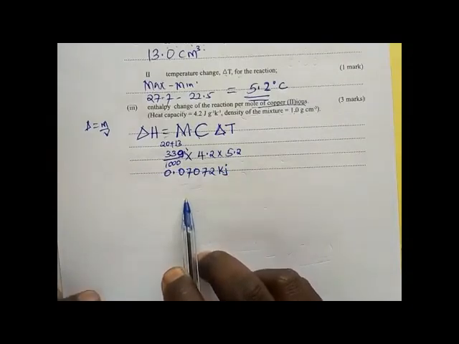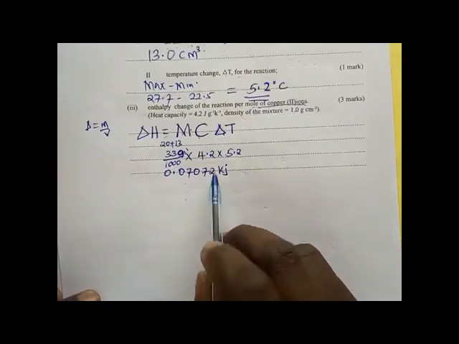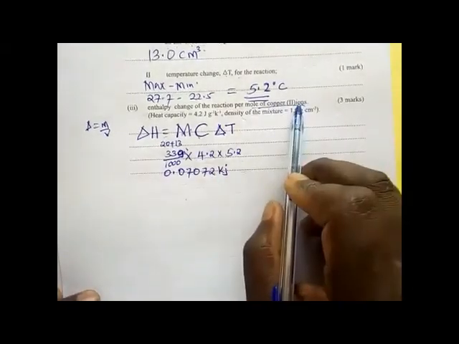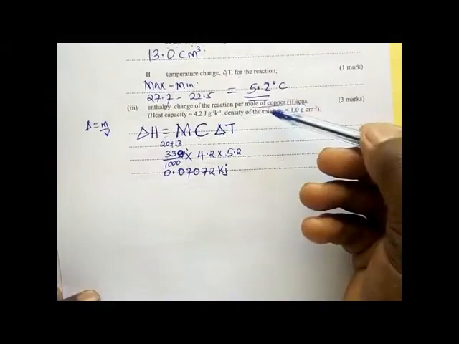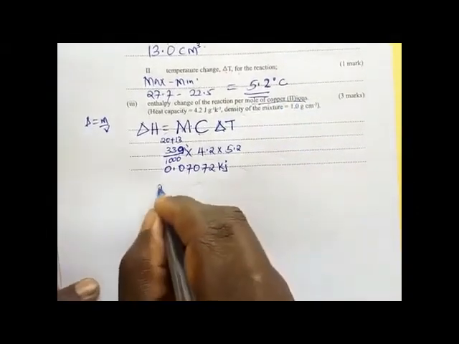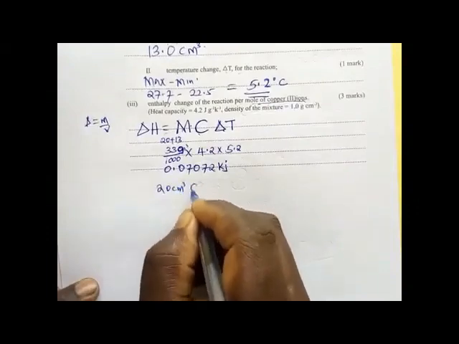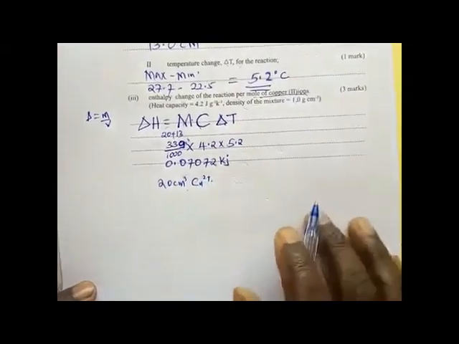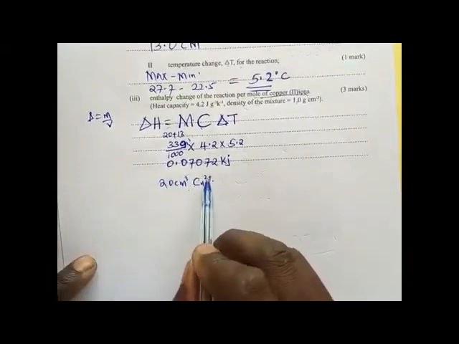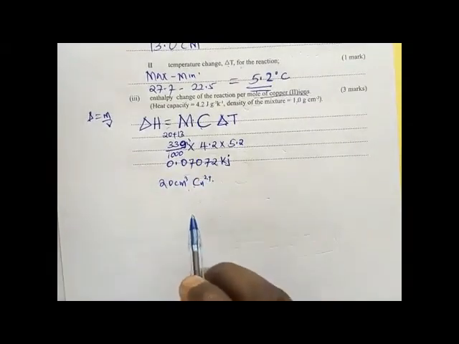But one thing we need to know is the number of moles of copper 2 ions. The volume that we used for copper 2 ions is 20. We used 20 centimeters cube of copper 2 ions.